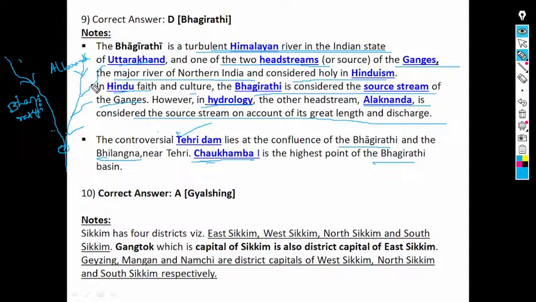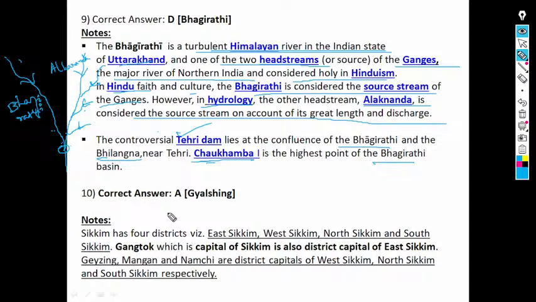Finally, Bhagirathi is the last. This is Pindar Ganga, this is Mandakini, and this is Dholi Ganga. Pindar Ganga, then Mandakini, and last comes Bhagirathi. Right? The controversial Tehri Dam lies on the confluence of the Bhagirathi and the Bhilangana, near Tehri, at the highest point of the Bhagirathi basin.